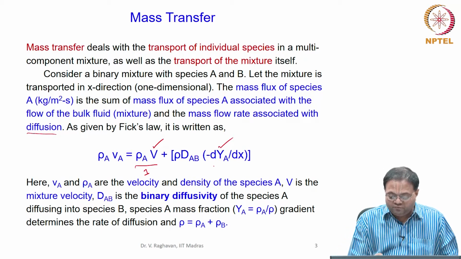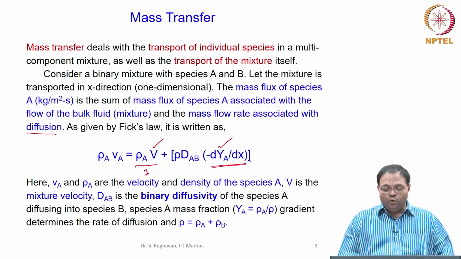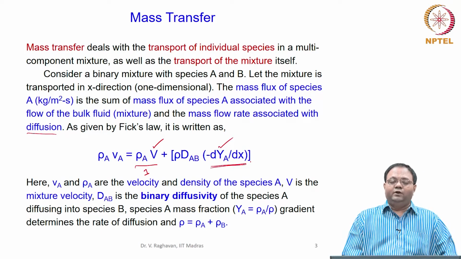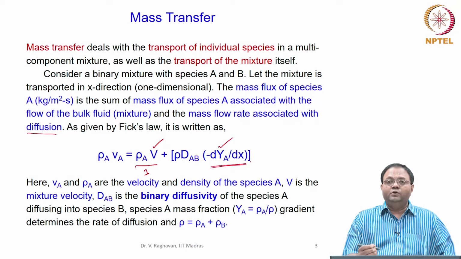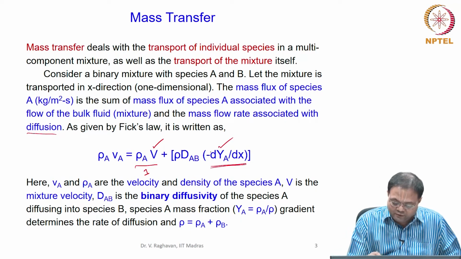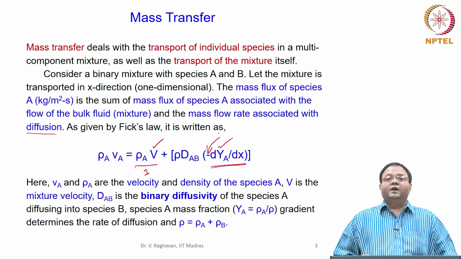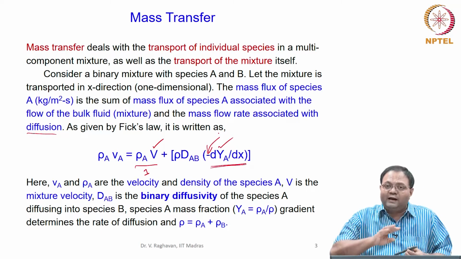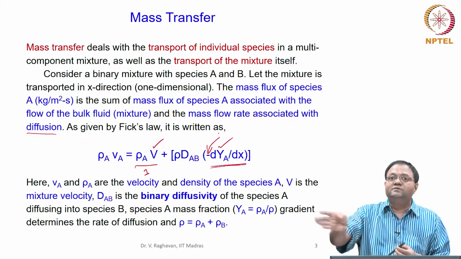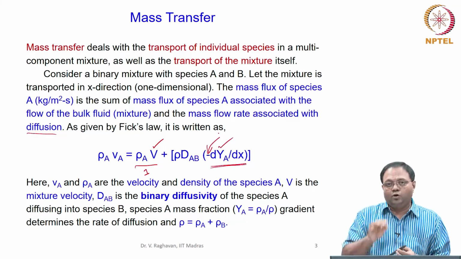The mass fraction gradient in the x direction, dYA by dx, represents the concentration gradient in the x direction, and you can see the negative sign here. The negative sign represents that in the direction of diffusion, the concentration decreases. So, the gradient is negative, the concentration decreases.